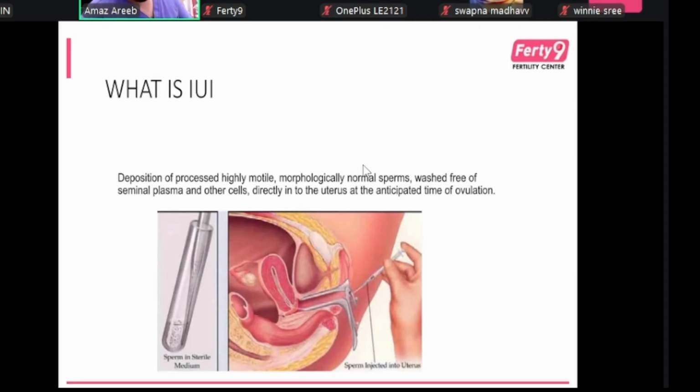At the end, we get a pellet which has a high fraction of motile sperm. We take 0.3 ml of the processed sample and perform the insemination through IUI. So the rationale is that we are enhancing the chances of fertilization by doing IUI.